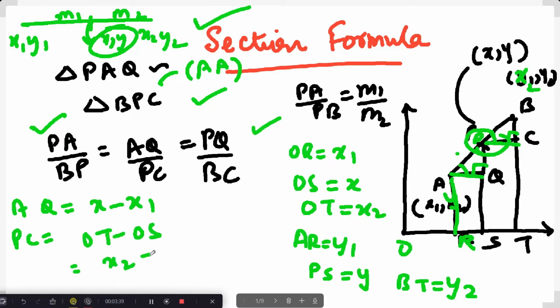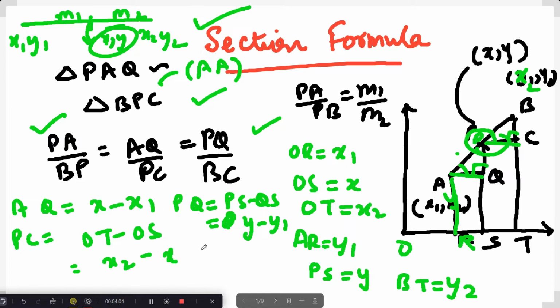What is OT? X2. What is OS? X. What is PQ? PQ is PS minus QS. What is PS? PS is Y. QS is AR. AR is Y1.